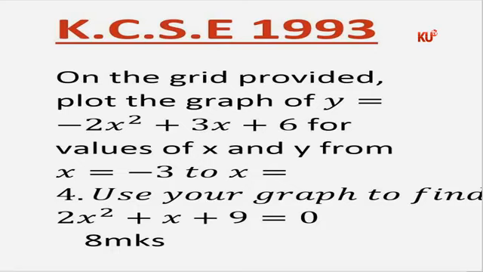On the grid provided, you are to draw or plot the graph of the values of x and y for the curve y is equal to 2x squared plus 3x plus 6, for the values from x is negative 3 to 4. That is the question.